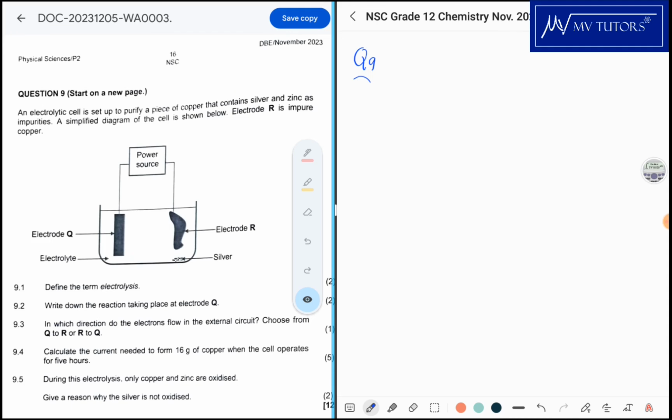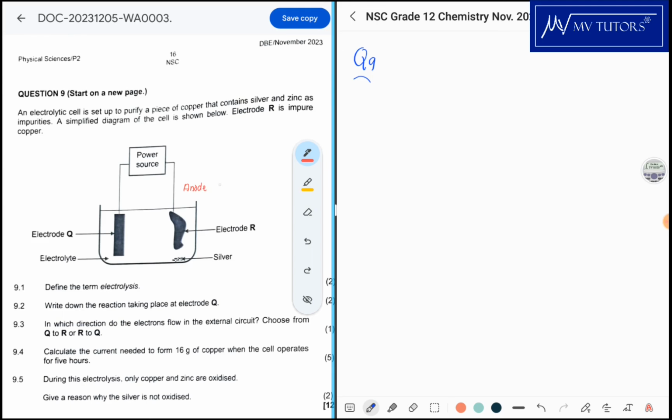So question 9, an electrolytic cell is set up to purify a piece of copper that contains silver and zinc as impurities. All right. A simplified diagram of the cell is shown below. Electrode R is impure copper. Okay, so that is a nice tip. If this is impure copper, that tells you that this is the anode.